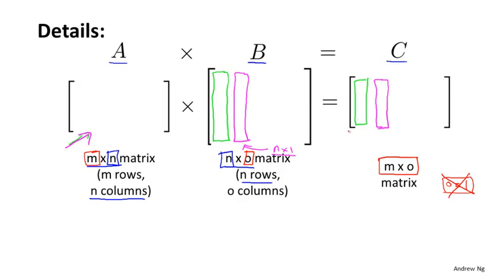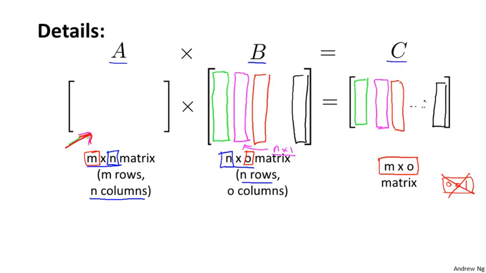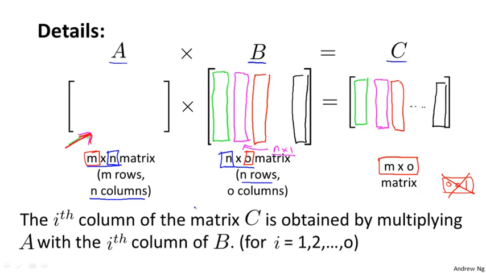Then I take the third column, multiply it by this matrix, get an m-dimensional vector, and so on, until the last column of B times the matrix A gives you the last column of C. Just to say that again, the ith column of the matrix C is obtained by taking the matrix A and multiplying it with the ith column of the matrix B, for values of i equals 1 up through o.